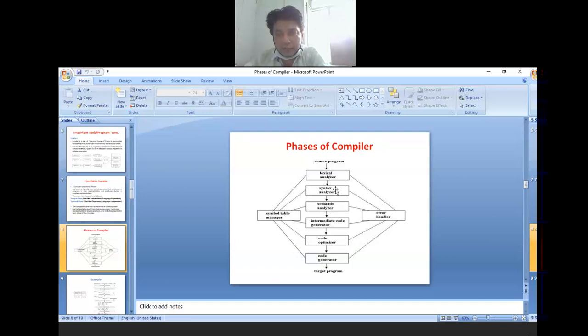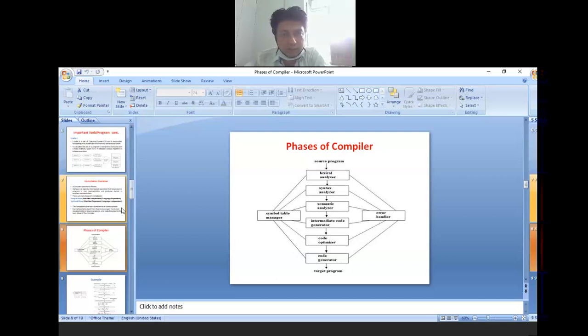The second unit is based on the syntax analyzer. The third unit is based on the semantic analyzer. So the first three phases are part of units 1, 2 and 3. Now the fourth unit is based on the intermediate code generation, and the fifth unit is based on the code optimization and the code generation.